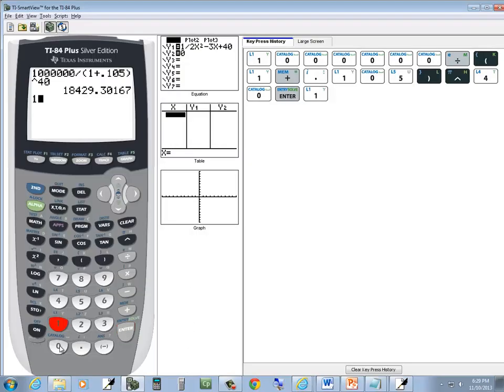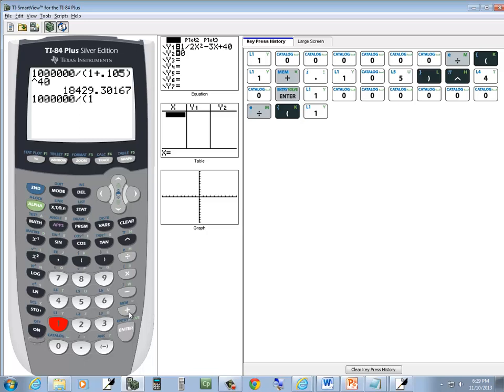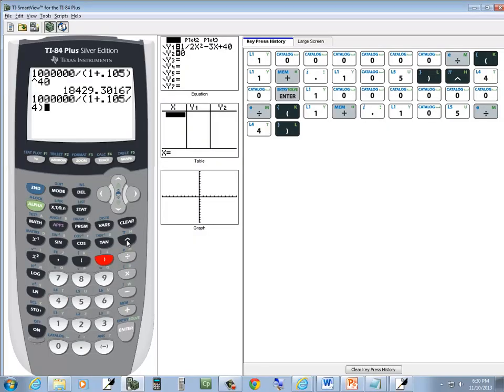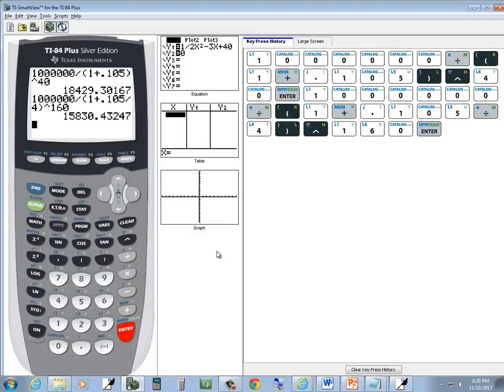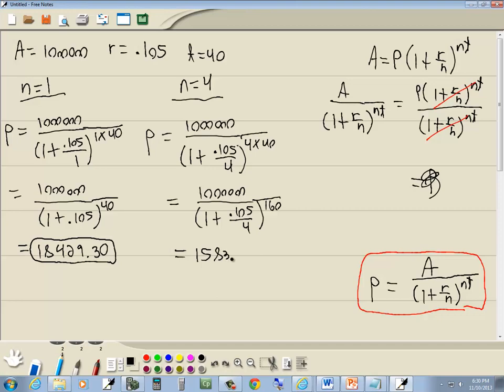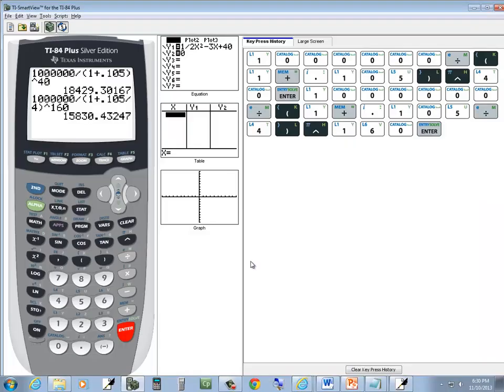So we got 1 million divided by, beginning parentheses, 1 plus 0.105 divided by 4, close parentheses, caret 160 power, enter, and we get $15,830.43.